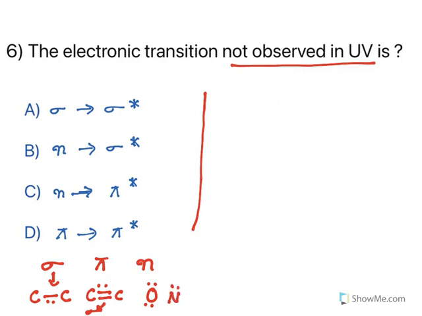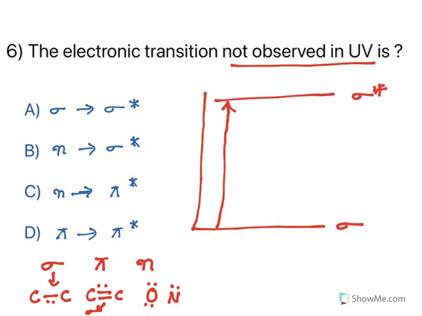So when energy is provided, imagine this one is a sigma electron. When energy is provided, the sigma electron may move from here to here. So this is called the sigma anti-bonding orbital. So you have bonding orbitals and anti-bonding orbitals. When you provide sufficient energy, the electron moves from bonding to anti-bonding orbital. This transition is known as sigma to sigma star.